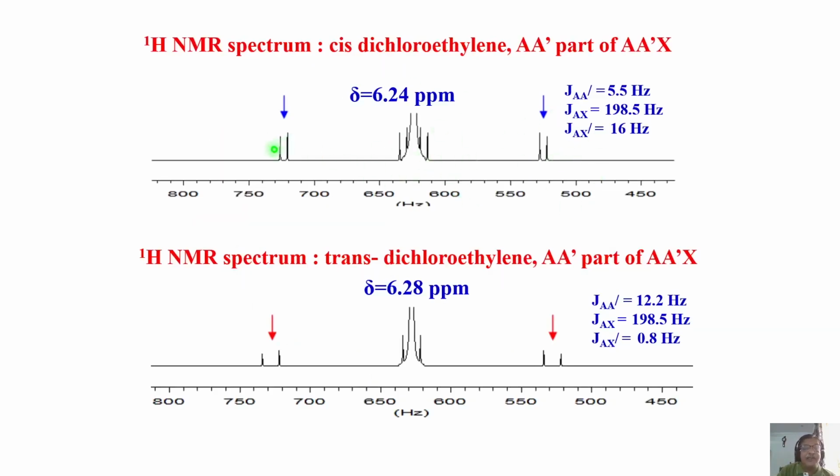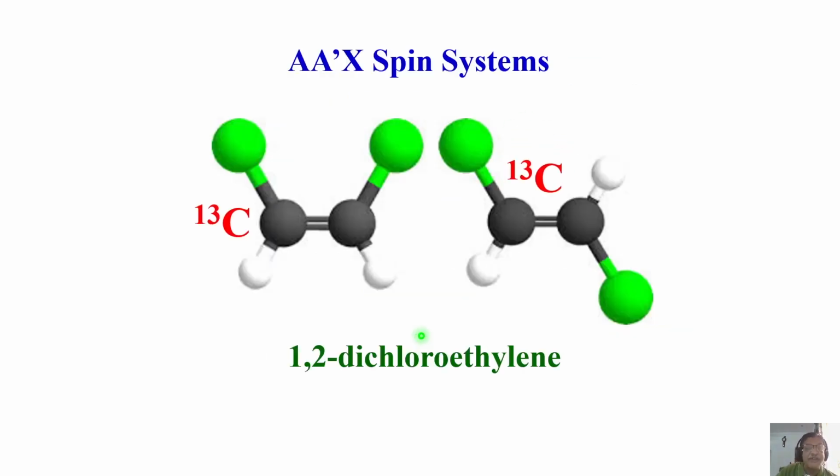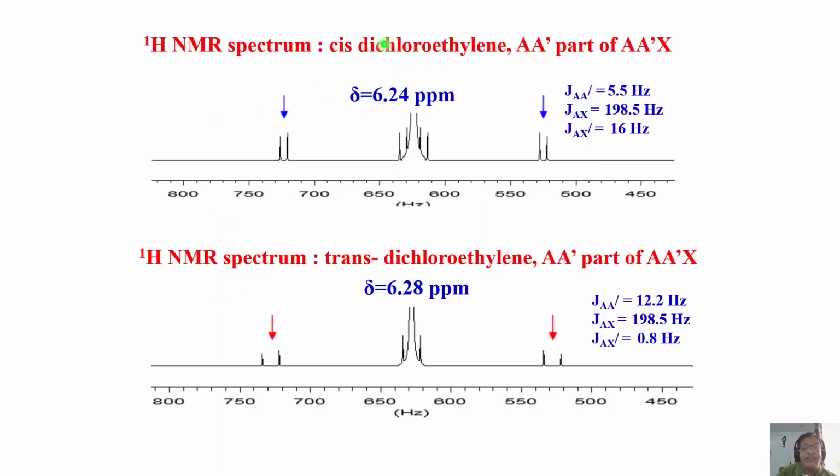But each of the satellite peaks is split into doublets. Why is it so? That is because there is a proton-proton coupling also which is reflected. This separation gives me the proton-proton coupling, AA prime coupling, which was invisible in the proton spectrum. The moment you break the symmetry by taking carbon-13 into account, now you are seeing HH coupling.